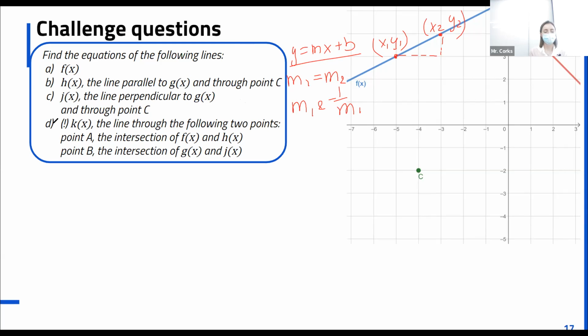And for the last one, you need to firstly, of course, find the equations of all the lines mentioned here, F, H, J, G. And then to find the intersection points, you just write the slope-intercept forms like this, equate them and find the point where they intersect. You do the same for the second pair.